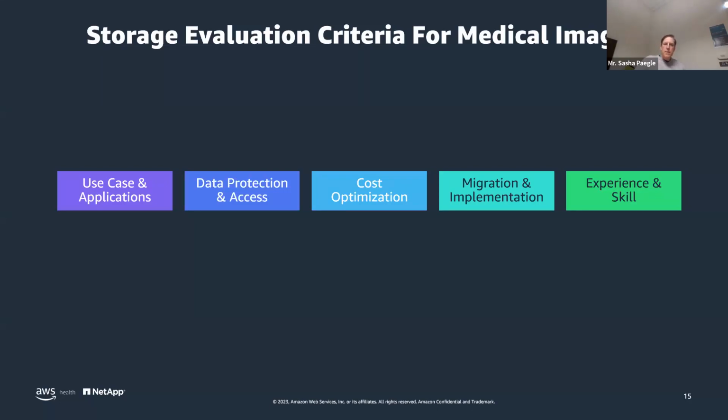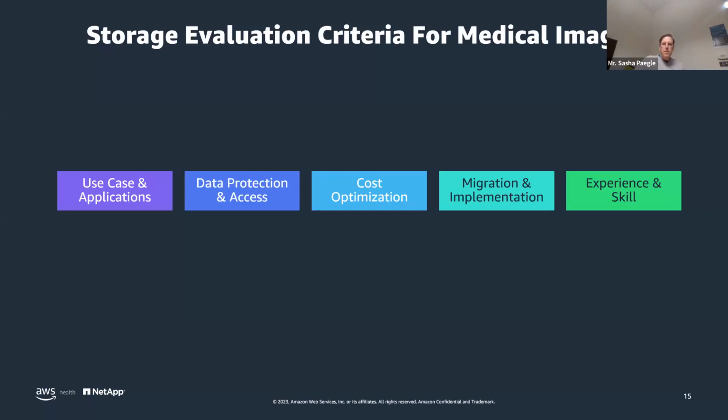Another key aspect is, how would you implement the storage? How would you actually migrate your images from what you're doing today on-prem and make sure that they're effectively and efficiently transferred and managed in the cloud? So what does that migration look like?